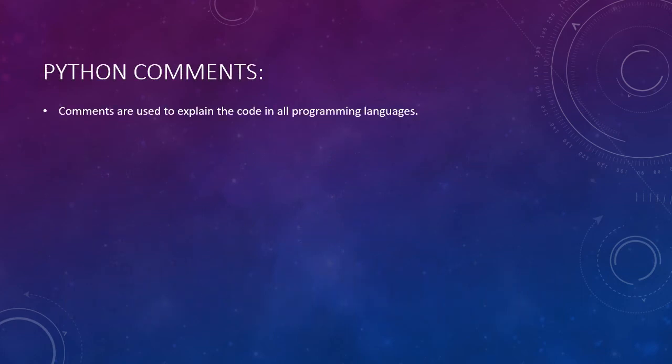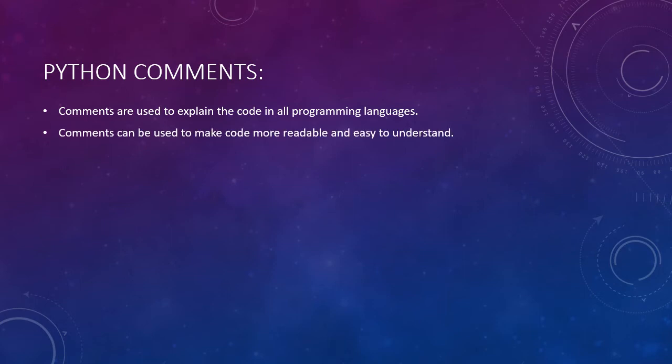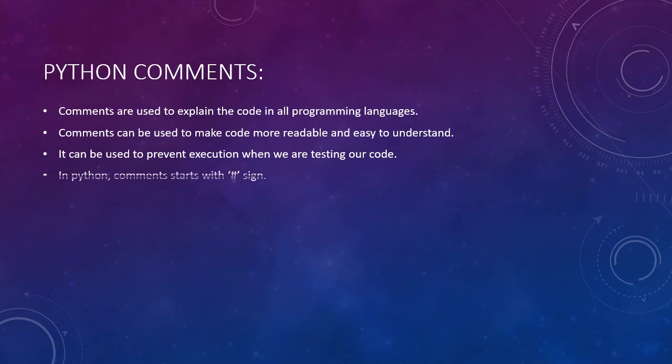Python comments. Comments are used to explain the code in all programming languages. Comments can be used to make code more readable and easy to understand. They can be used to prevent execution when we are testing our code.